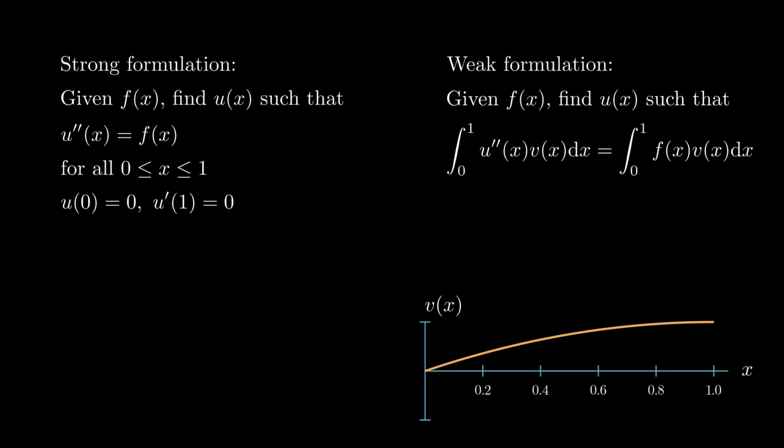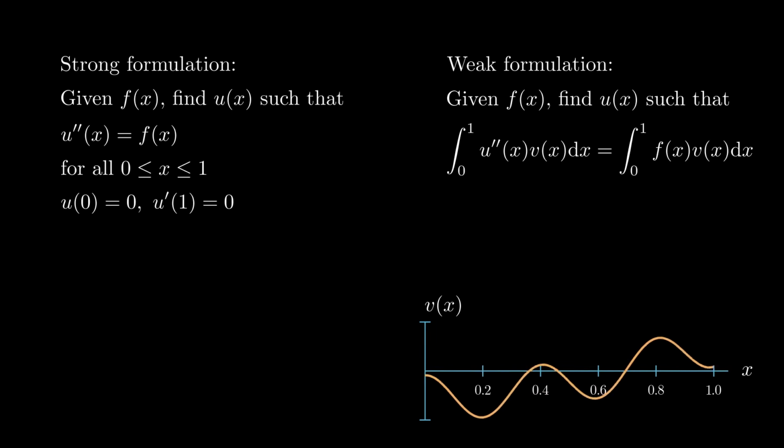Once again, this is a valid mathematical operation because we are applying the same manipulations on both sides of the equation. Note now that we can apply these manipulations on both sides of the differential equation for any arbitrarily chosen test function v. No matter how we choose v, our newly derived integral equation must hold true.